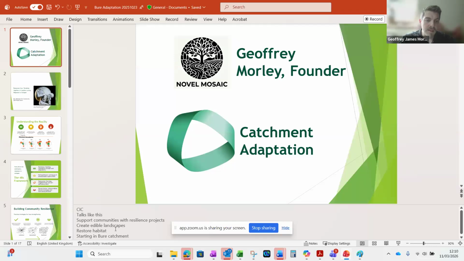The output of that will then be to support community groups with resilience projects, starting with things like desktop surveys of figuring out what you have in your community and where the gaps are, and then putting together projects to bring community groups together.